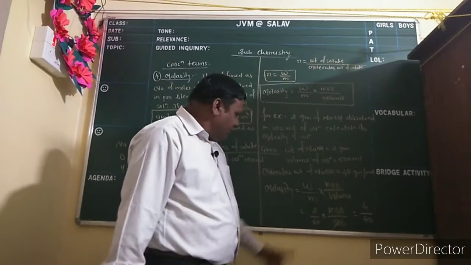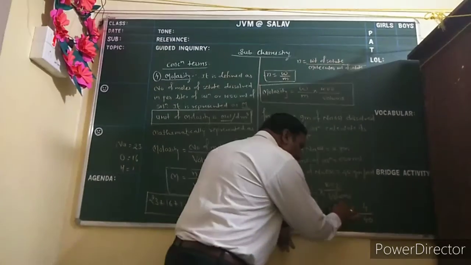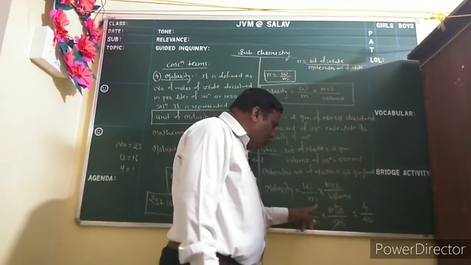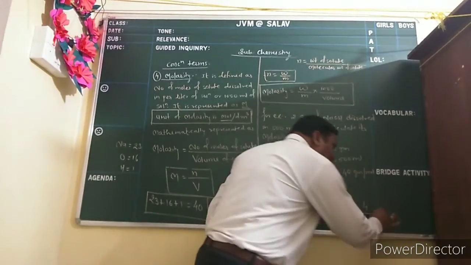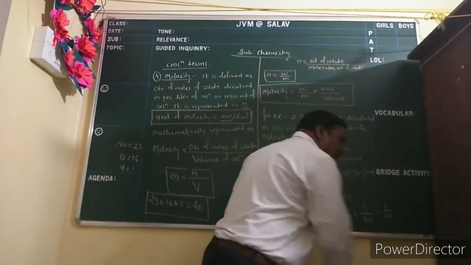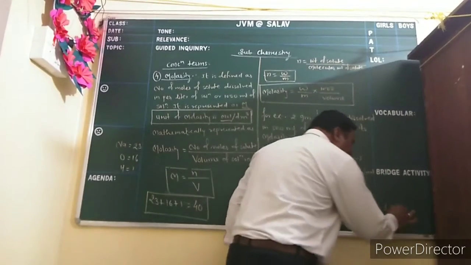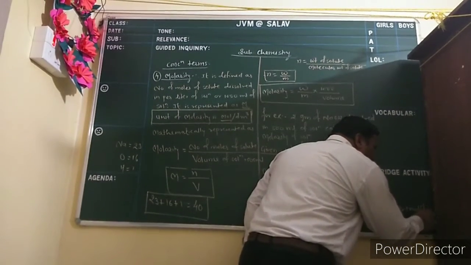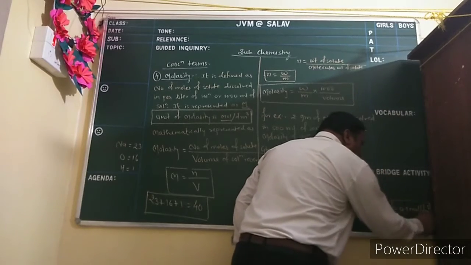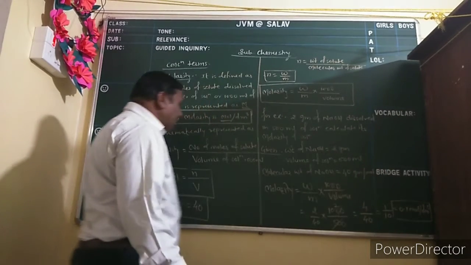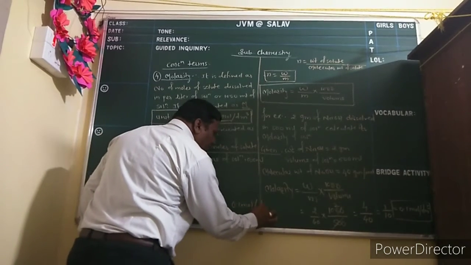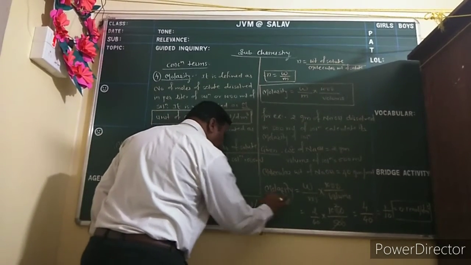Correct? Because 1000 upon 500 gives 2, so 2 into 2 is 4. 4 upon 40 is 1 by 10, and 1 by 10 means 0.1 mole per dm cube. Is it clear, the terms? So the molarity of the solution is 0.1 mole per dm cube.